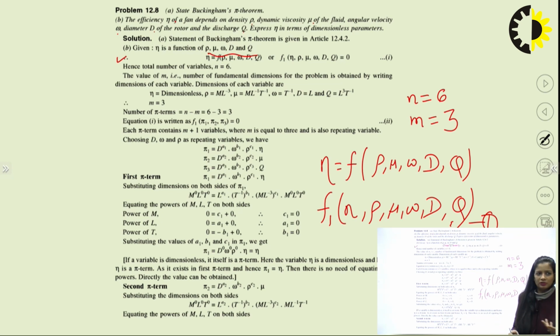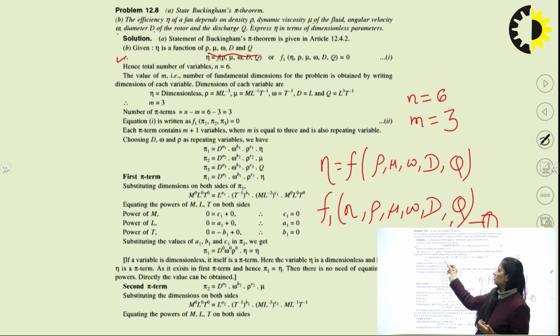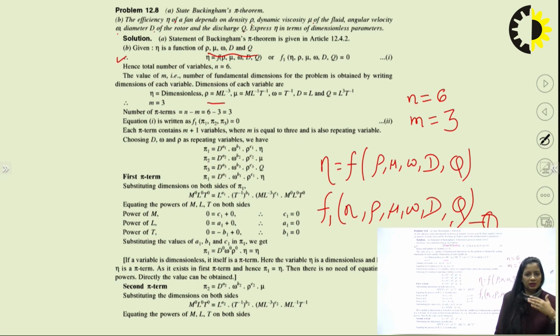Rho is mass per meter cube, that is M L to the power minus 3. Dynamic viscosity is M L to the power minus 1 T to the power minus 1. Angular velocity is 1 by T, and d is a simple diameter, so it is L. Q is meter cube per second, so it is L cubed by T, or L cubed T to the power minus 1.